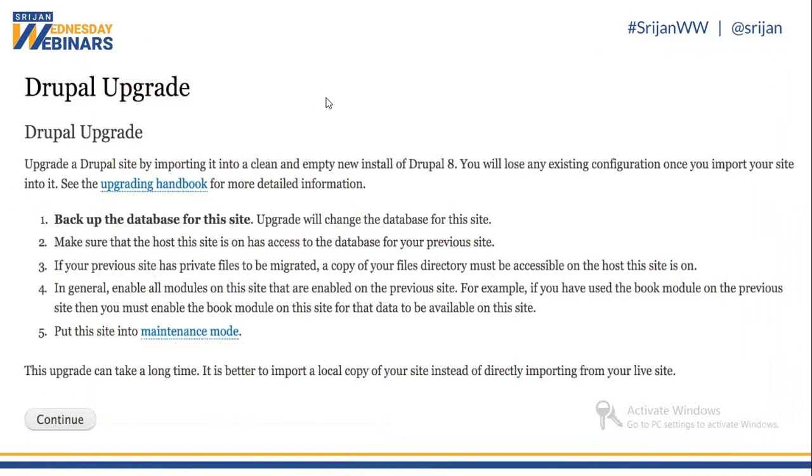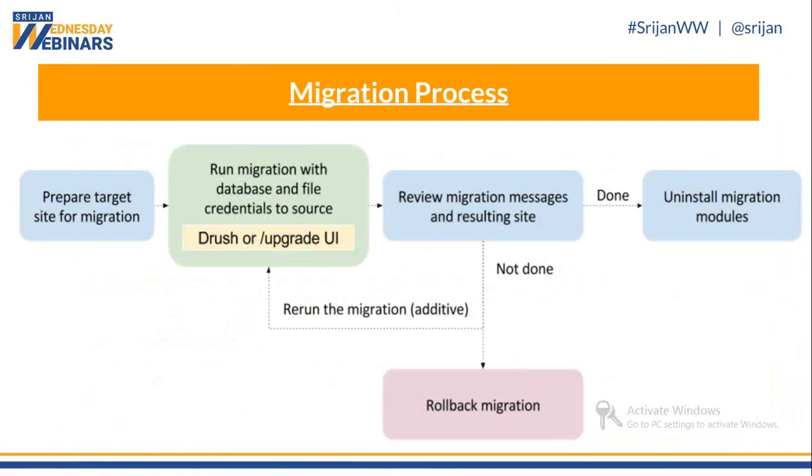So when you install and enable those modules, you will come onto the home screen of Drupal upgrade. The screen is going to look like this. So this is the migration process. First, prepare the target site for migration. For example, you have a Drupal 7 website, and in that website you have a database.